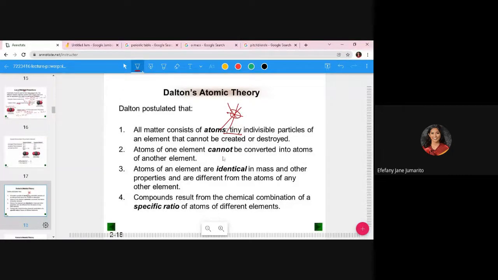Atoms of one element cannot be converted into another element. So if we have oxygen, we cannot convert oxygen into fluorine. Atoms of an element are identical in mass and other properties, and are different from atoms of any other element.